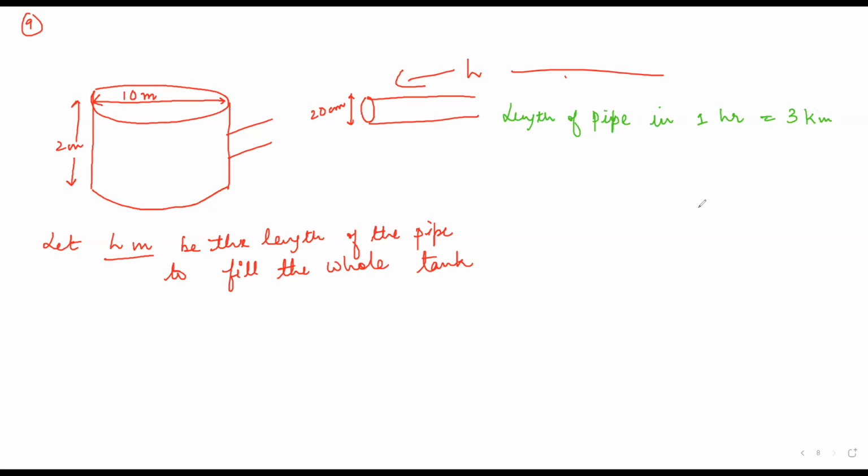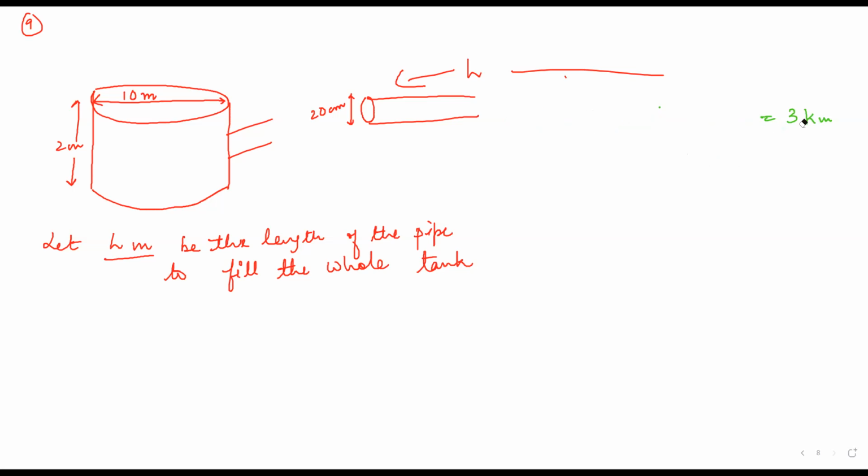But I think time is not given in this question. In question number 8, was it given? Yes, ma'am, it was given. So in this question, time is not given. So for unitary method, I should have some time here so that I can multiply this side and get the length.